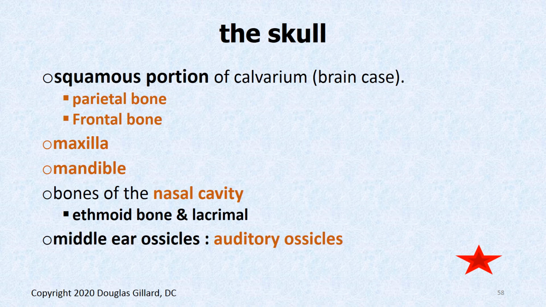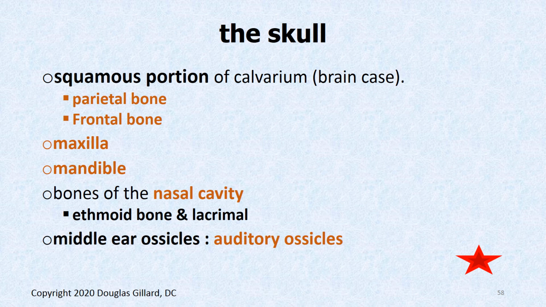When we get up into the skull, now this is where we start to leave the neurology part. Neural crest cells are responsible for formation of bone, specifically the squamous portion of the parietal and the squamous portion of the frontal bone. Those are the main portions of the parietal and frontal bones. So part of the calvarium, or the brain case, is derived from neural crest cells.